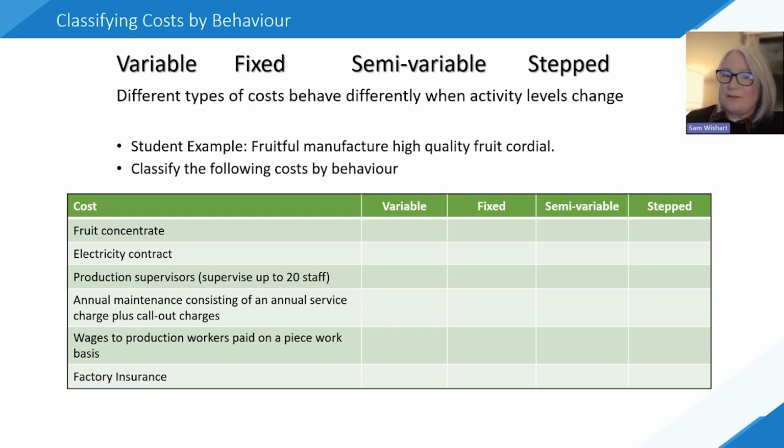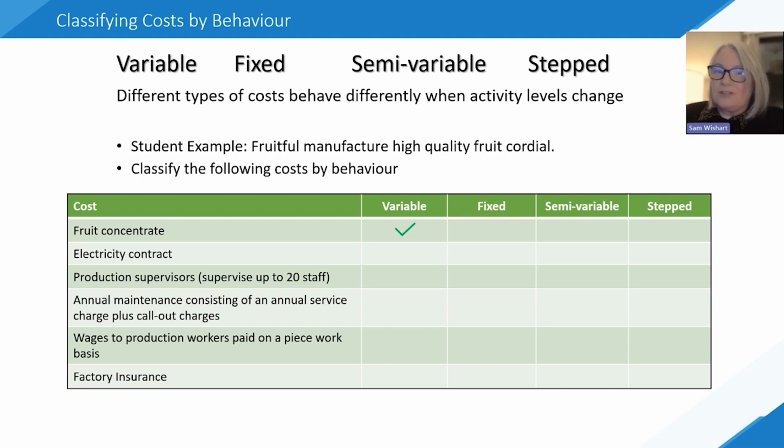You can classify whether you think the following costs are variable, fixed, semi-variable, or stepped. So fruit concentrate, do we think that concentrate will change with activity? So the more bottles of squash that are produced, do we think that cost will change directly with activity? Yeah, it's a variable cost, isn't it?